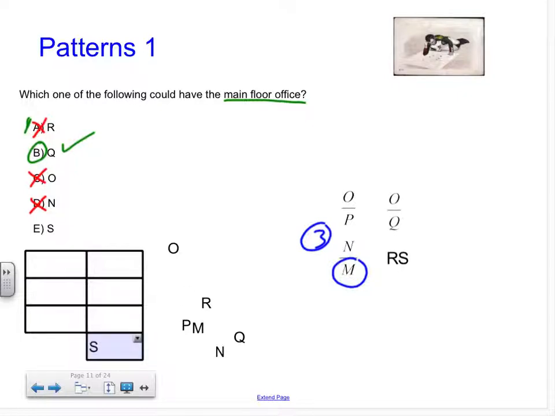Well, I know that if I put S on the main floor, it's going to break the fourth condition, because R and S need to come together as a package deal. And if S is on the main floor, there's only one room, so there's no room for R. So E can also be eliminated. So B is the correct response.